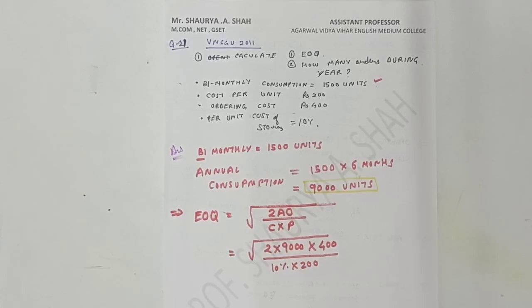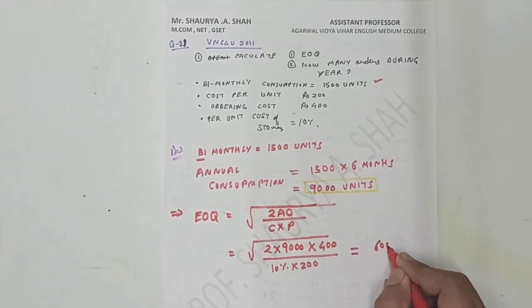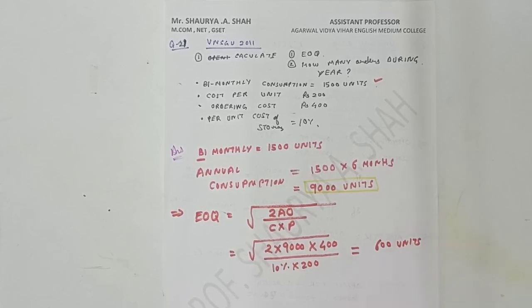When I solve this, my answer comes to 2 into 90,000 into 400 divided by 400, divided by 20. So 36, fine. So my answer comes to actually 600 units, right?